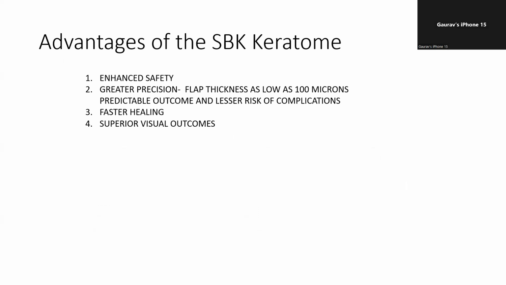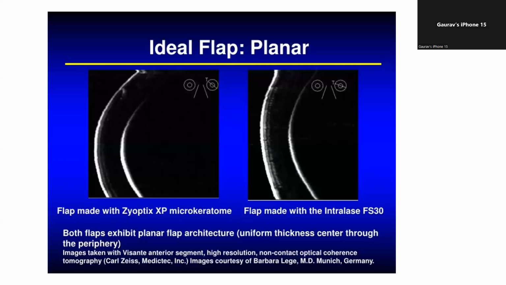The notable advantages of the SBK keratome are enhanced safety, greater precision, with flap thickness possible as low as 100 microns, predictable outcomes and lesser risk of complications, which leads to faster healing and superior visual outcomes. In this image, the one on the left is made by a newer generation microkeratome, and this one is made by the femtosecond laser.